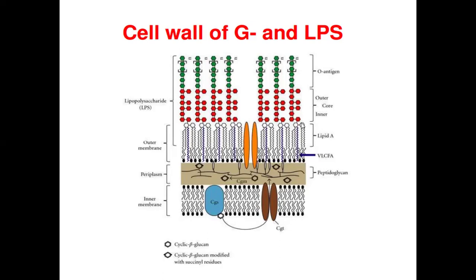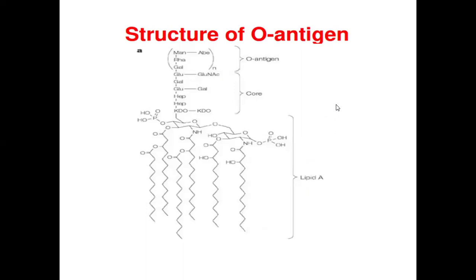Lipid A, which is an endotoxin, the core part, just to connect lipopolysaccharide, and the polysaccharide part, it's the O antigen. This is the O antigen, the main antigen of all gram-negative bacteria. It is on the surface of the gram-negative bacteria cell wall.